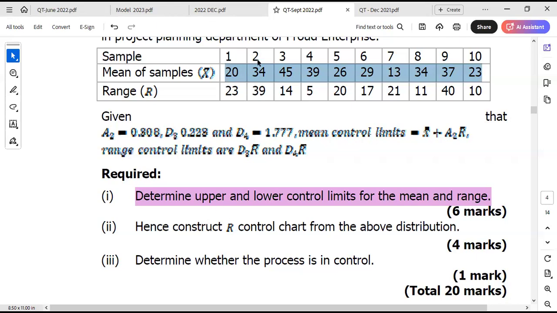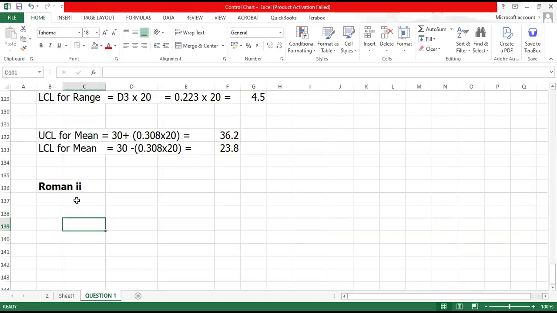It's always easy. Remember when you're plotting the range chart, you'll be plotting range values against samples.